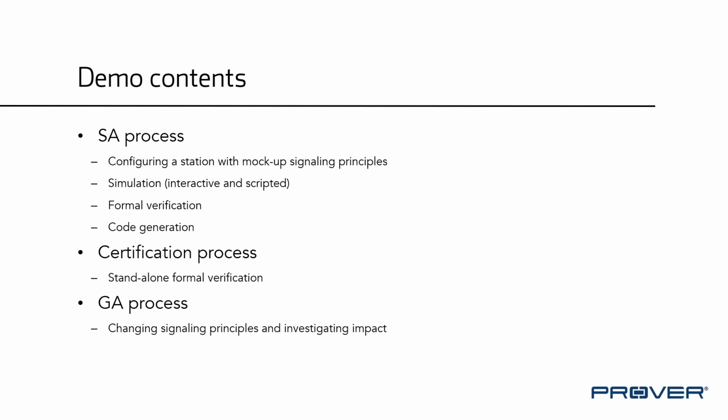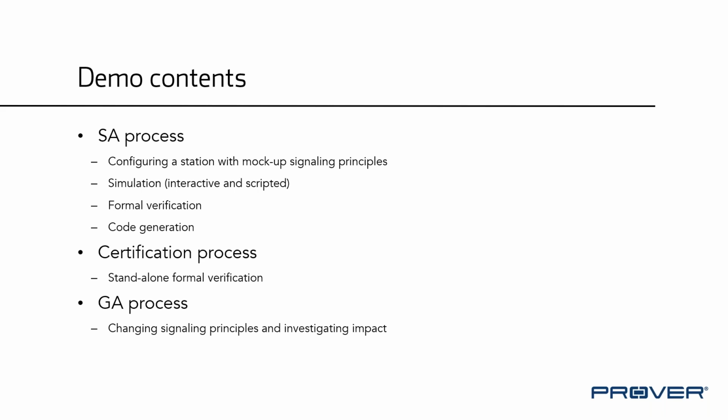And part of this certification is to prove safety. So according to the norms, you need some standalone tool for this, so we don't mix up the design and the verification. And we provide a standalone formal verification tool called Prover Certifier that I will show you here.